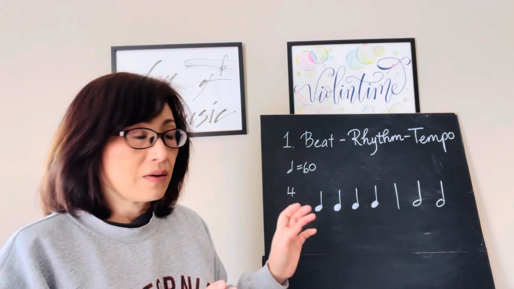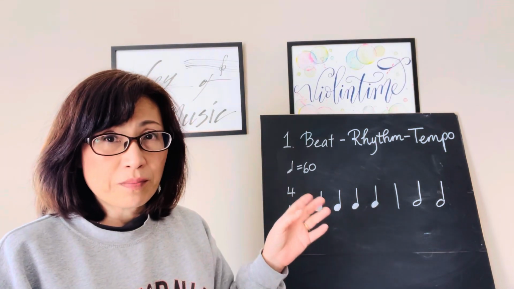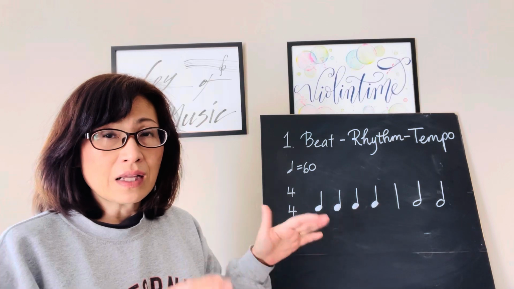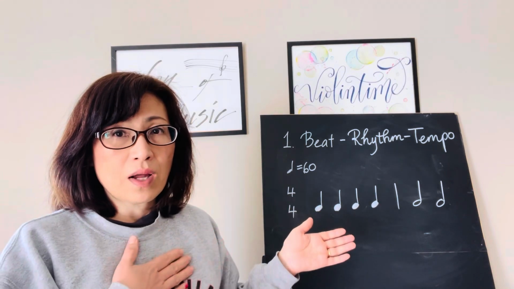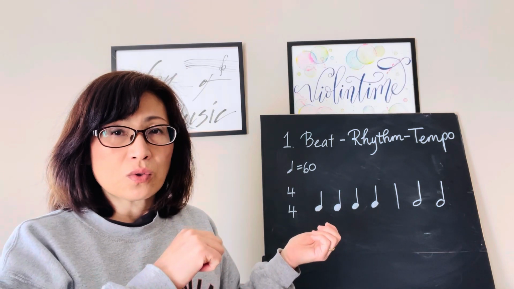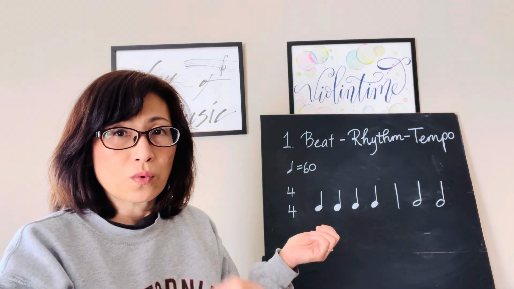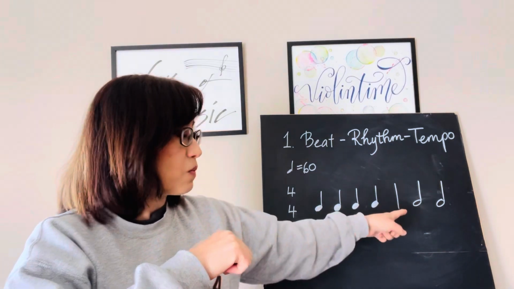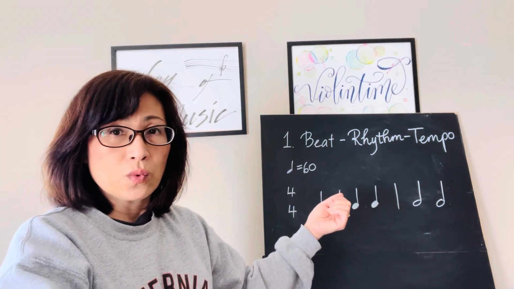However, there are still 4 crotchet beats in a bar, and the underlying pulse is 1, 2, 3, 4.